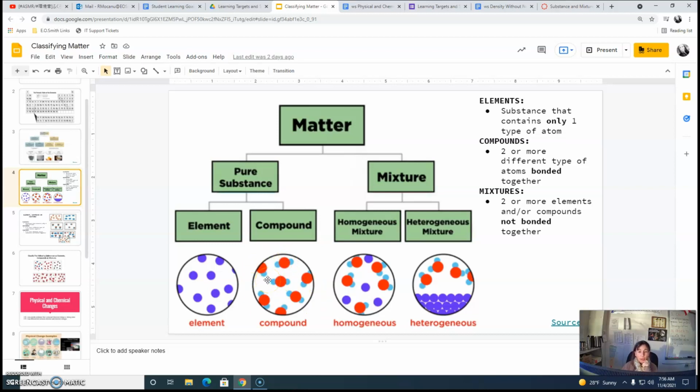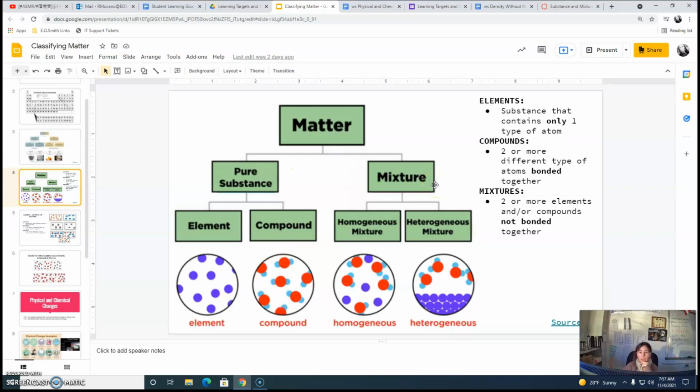One other thing to notice about a compound is that its molecules are all identical to each other. A molecule of this compound contains one red atom and two blue atoms, and all the rest of the molecules in this compound are identical, with one red atom and two blue atoms.